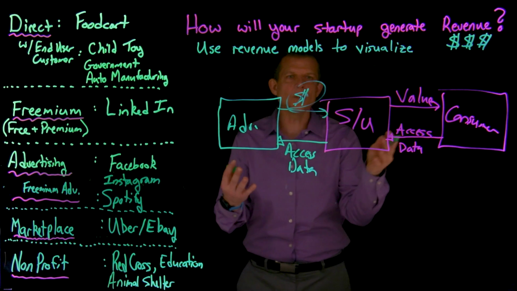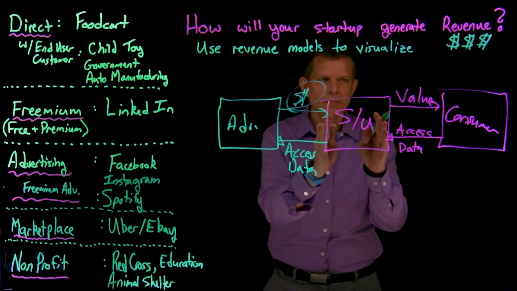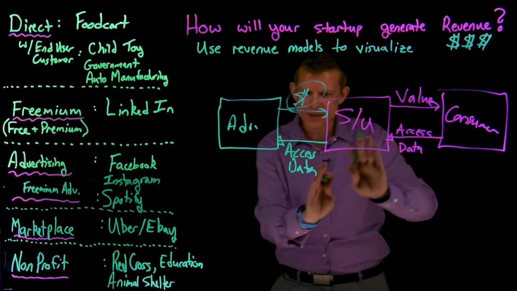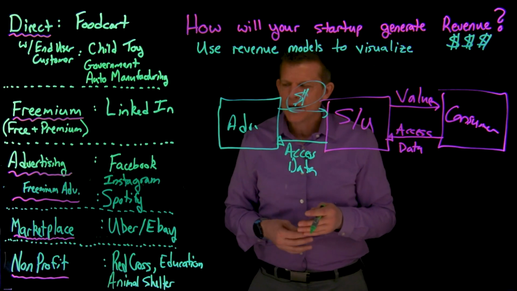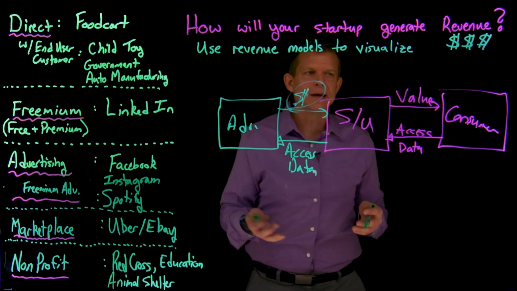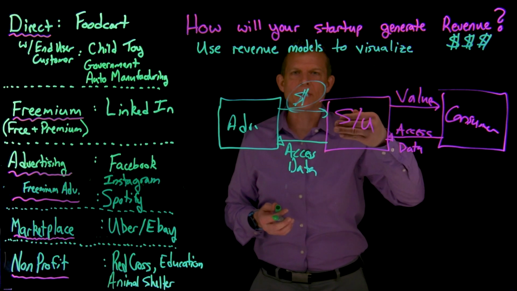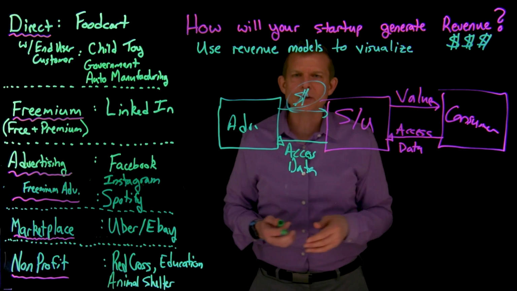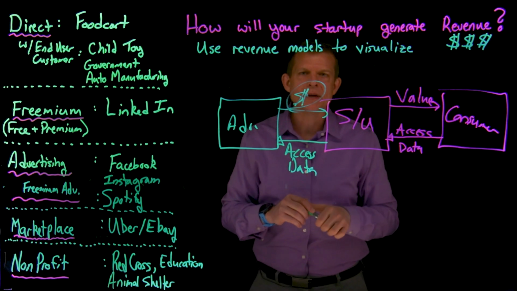So this is the revenue model for advertising. The advertisers pay our startup in order to have access to all the data we have, all the consumers we have, so that when you're on your Instagram account or your Facebook account, you have that advertisement pop up right on your feed. They know exactly who you are. They've paid for it. That's how that particular platform makes money.